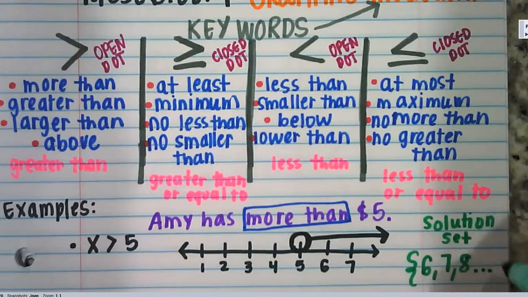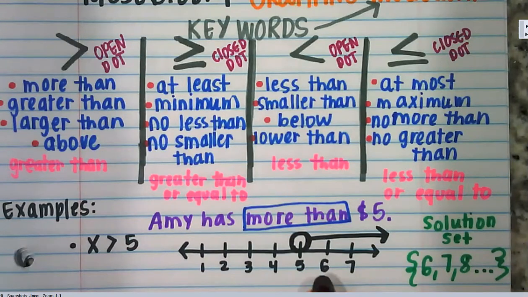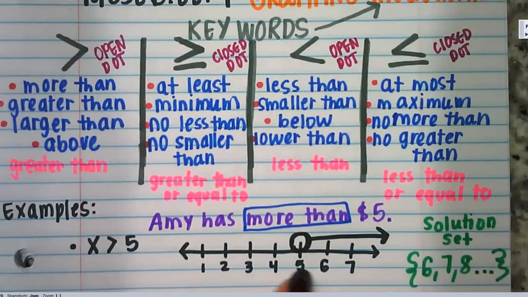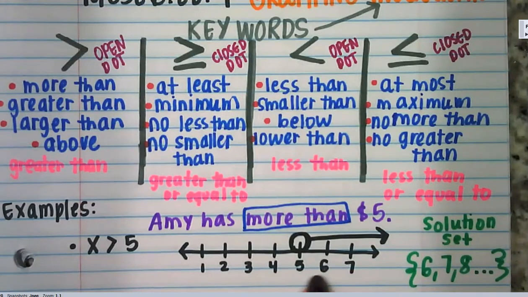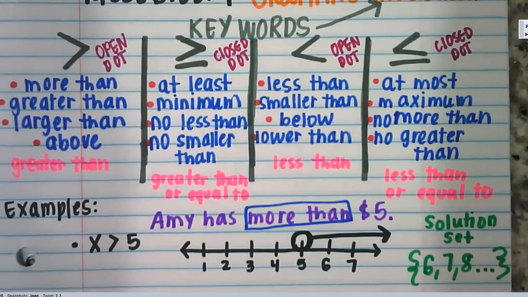And I'm going to put dot, dot, dot to represent that we can keep going because she may have $20, $200. All we know is that she has more than 5. She can't have 5, she can't have 4, she can't have any of these numbers, but she can definitely have anything greater than that. All right, so make sure you put this down in your notes.